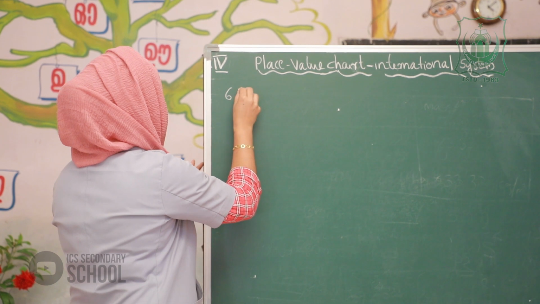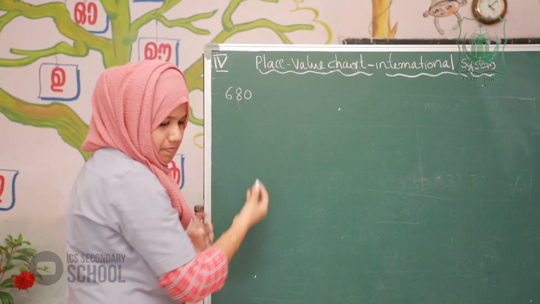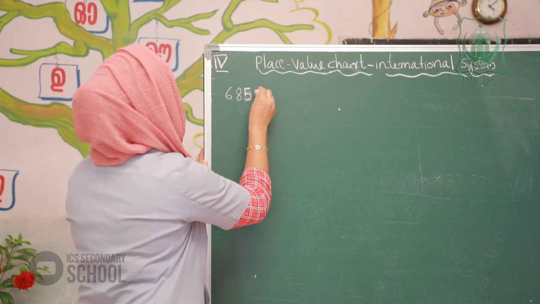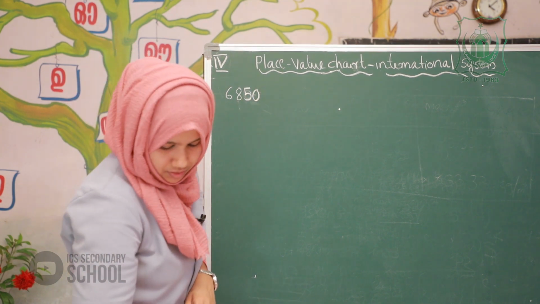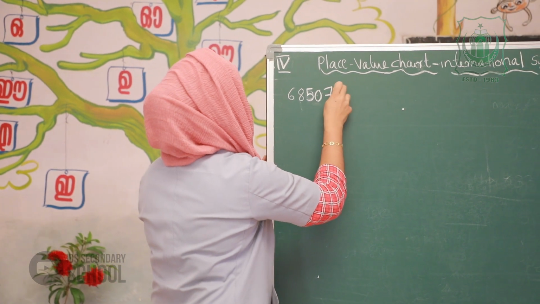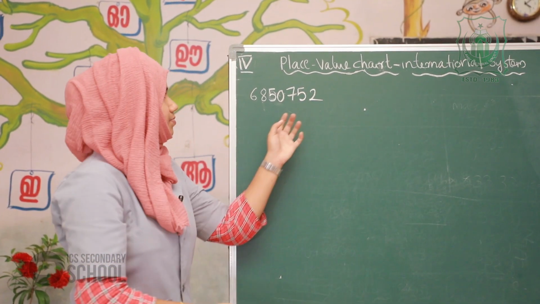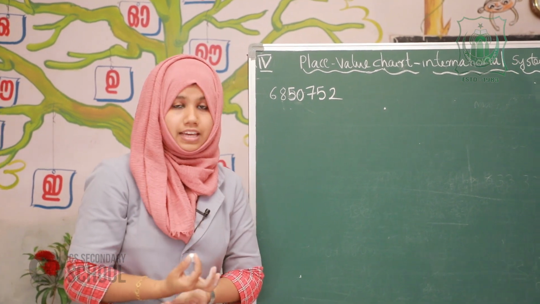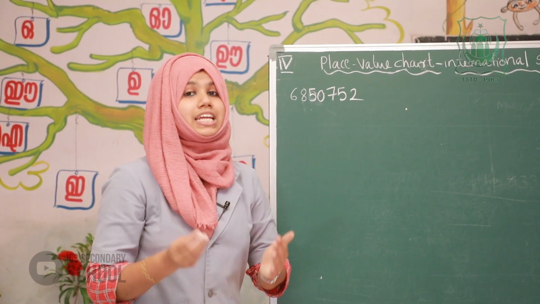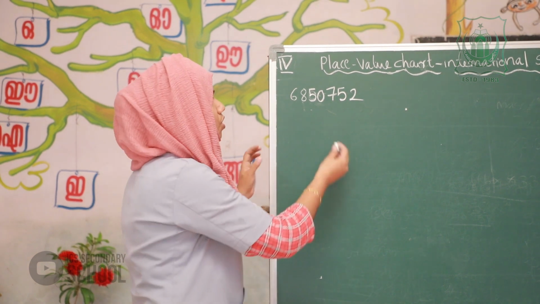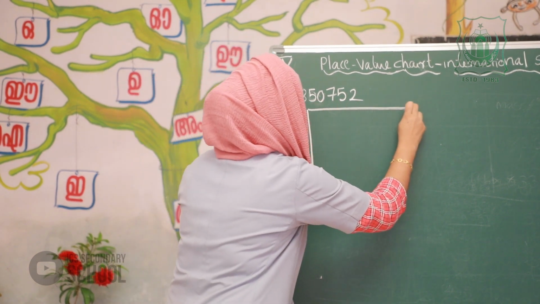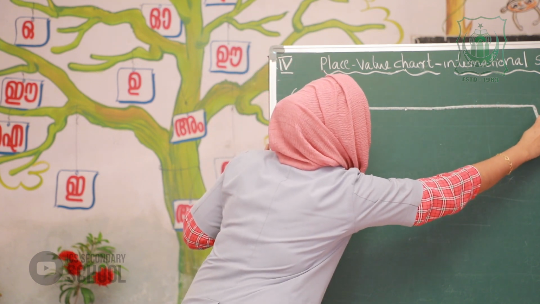Okay. All of you listen here. This is your number. You have to make a place value chart, international system. So first you make a place value chart like this.